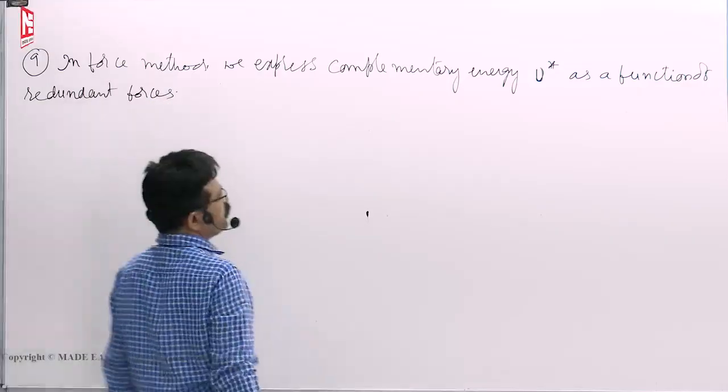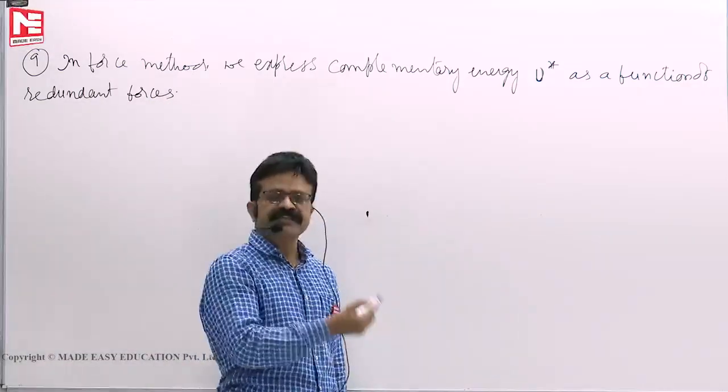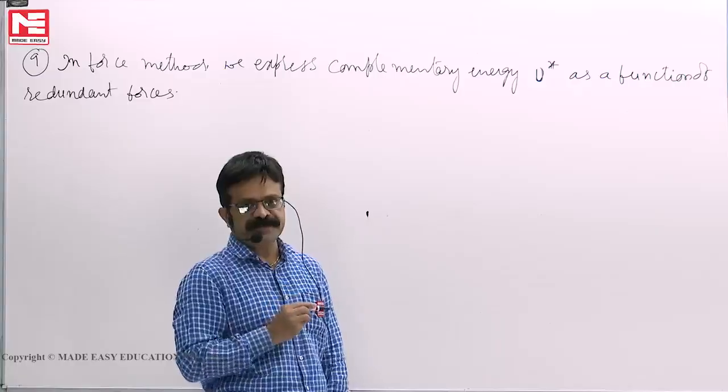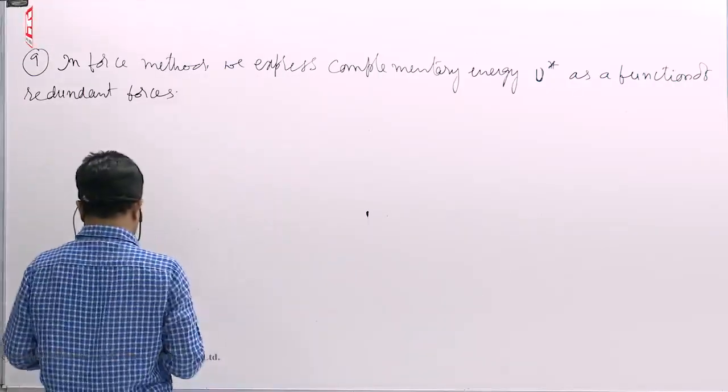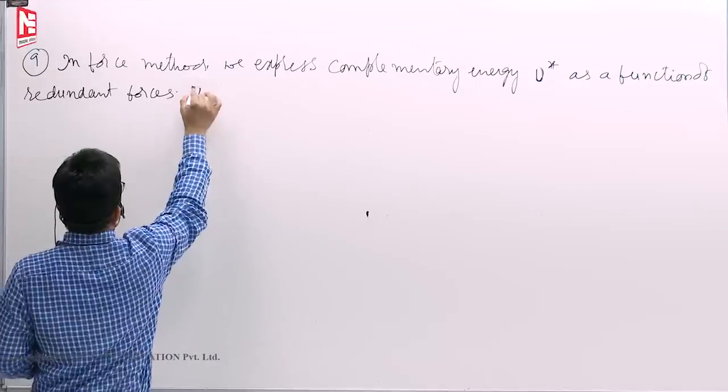As a function of redundant forces means U star must be written in terms of the forces, not the displacements. And those forces are redundant forces.